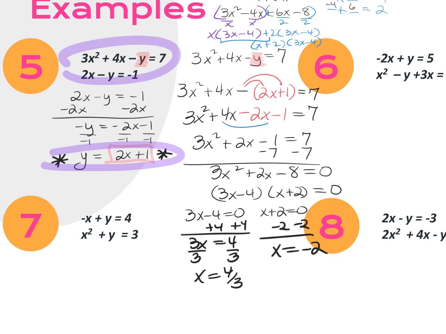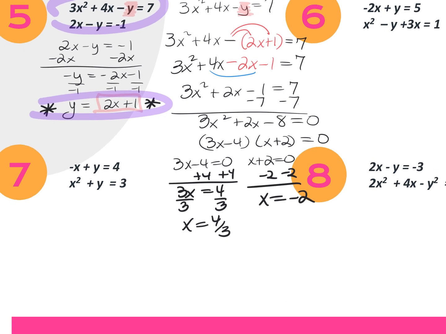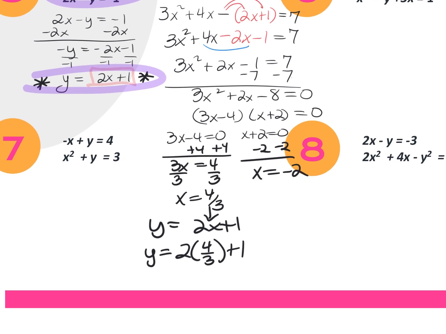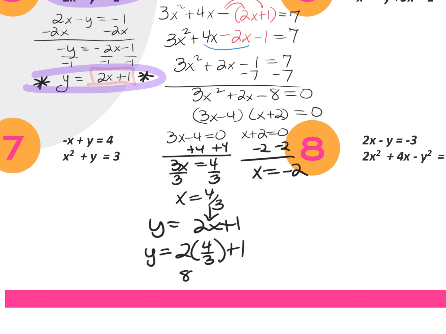It's up to you. For me, the rearranged will be the least amount of work. So I'm going to take my y equals 2x plus 1, and I'm going to plug in 4/3. So 2 times 4/3 plus 1, and this is going to give me 8/3 plus 1.